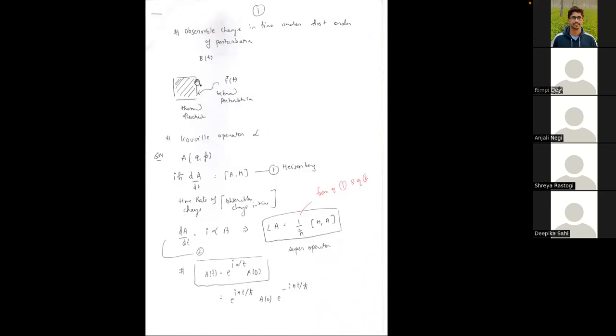Normally, when we have an unperturbed Hamiltonian, suppose H0, all these dynamical quantities evolve in time with respect to this unperturbed Hamiltonian. But when we have an external perturbation, suppose some external force which changes with time, we want to measure the response of the system in some dynamical observable with respect to time.